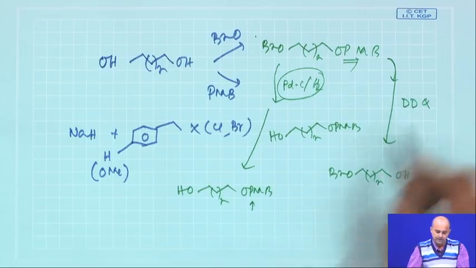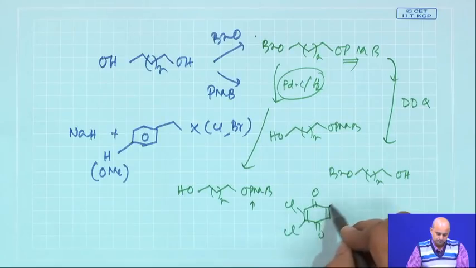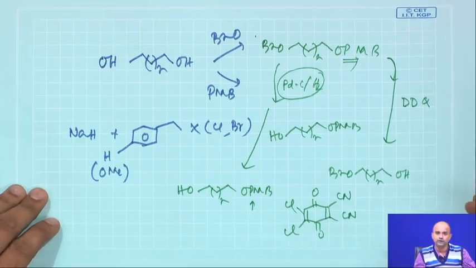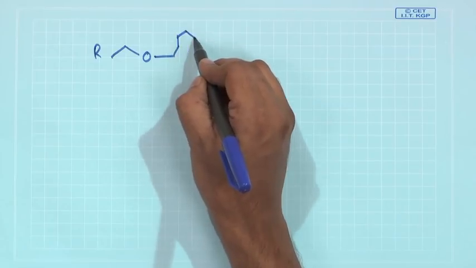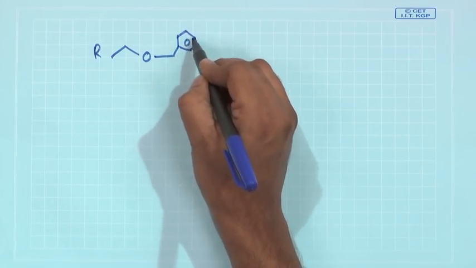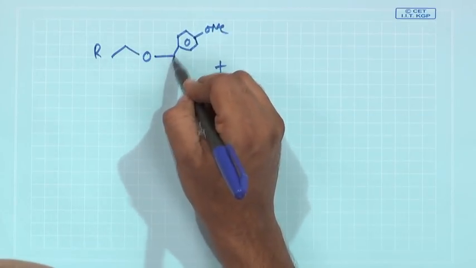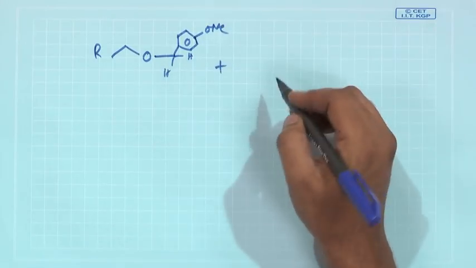If you use a reagent called DDQ, whose structure is this, a single electron transfer reaction takes place. If you treat ROPMB with DDQ, an aromatic compound, one of these hydrogens is transferred to the DDQ.